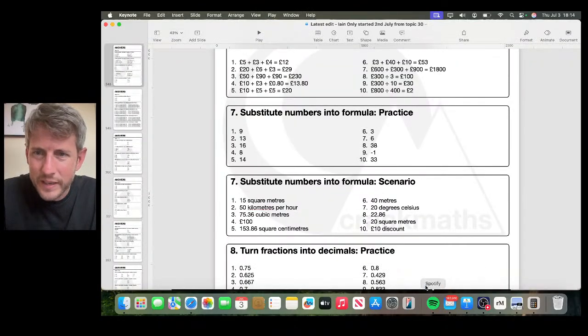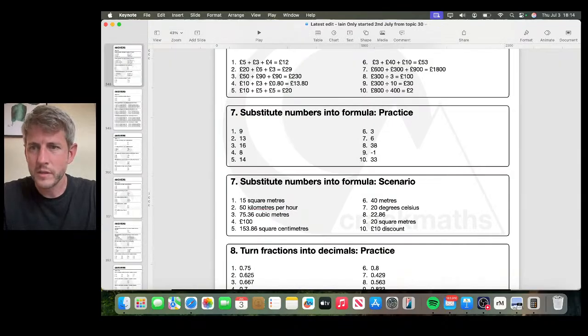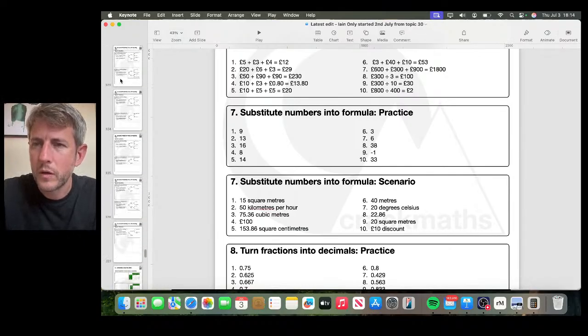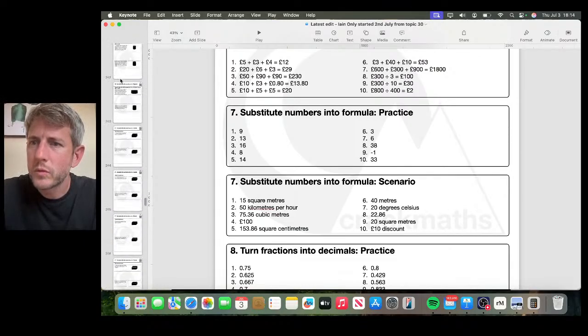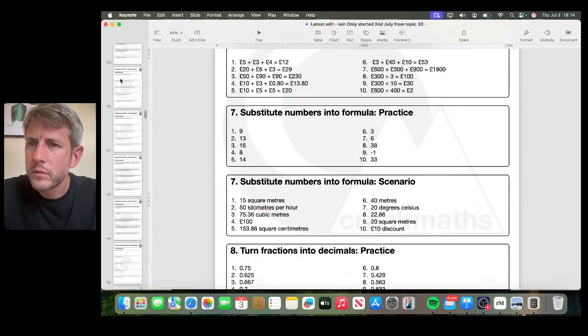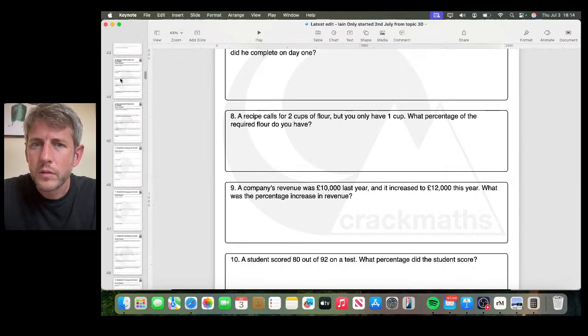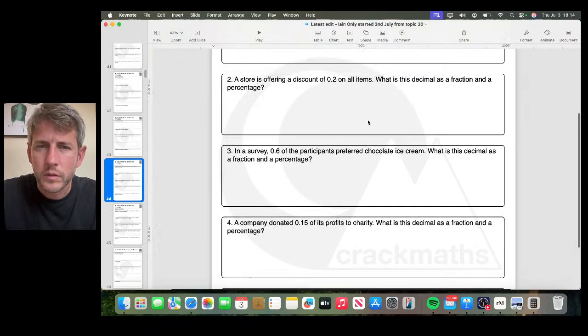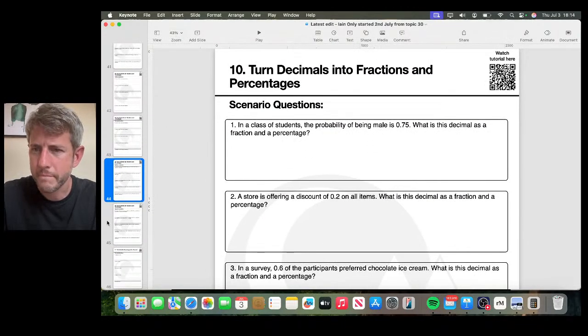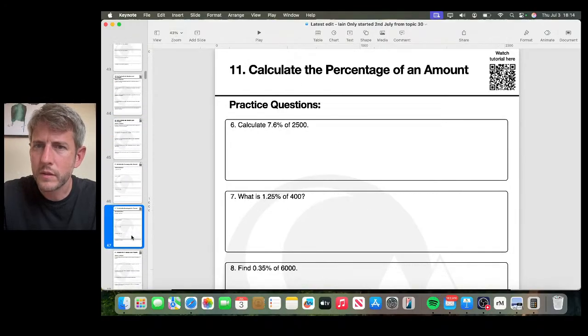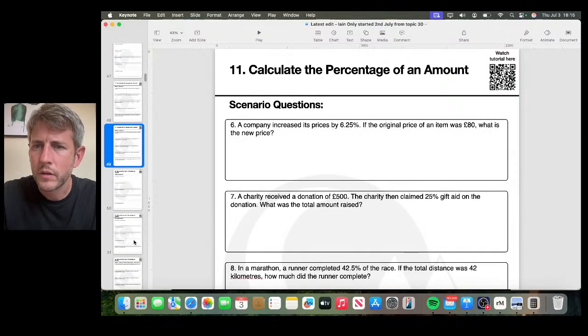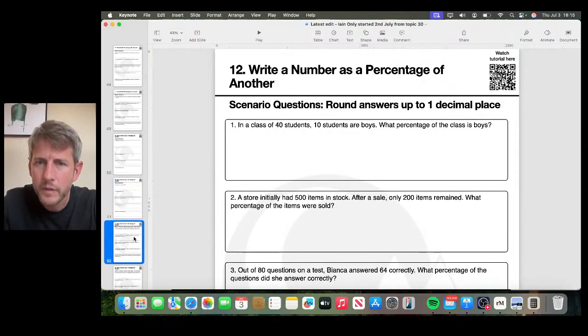So I'm just going to quickly go over to that page. Let's just double check what page that is. So it's 12, isn't it? Topic 12. Right, what's it? 11. Here we go.